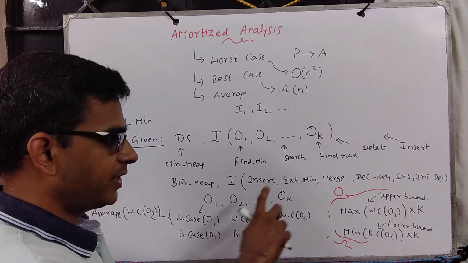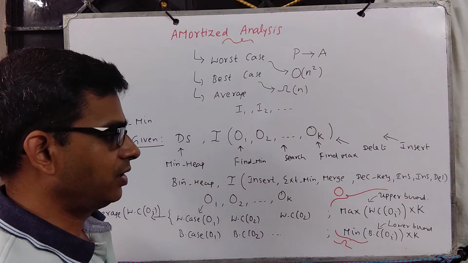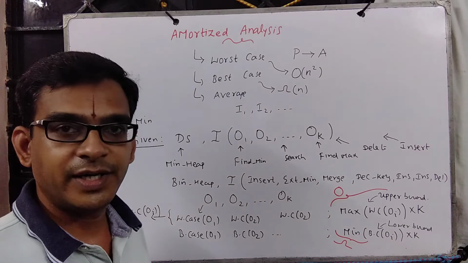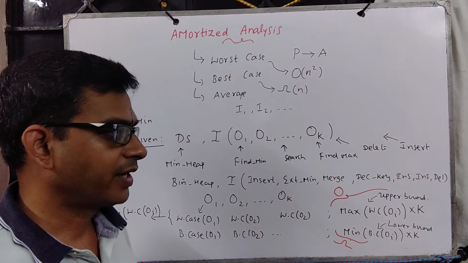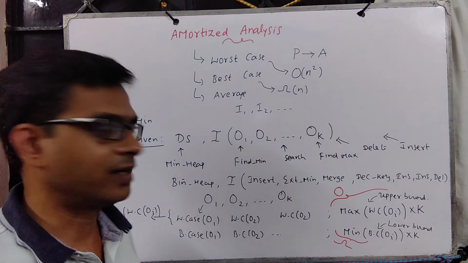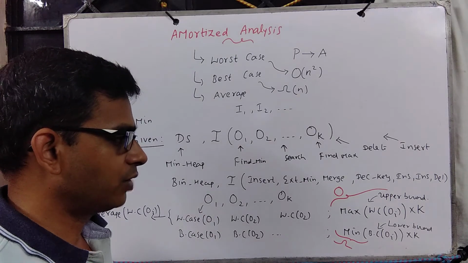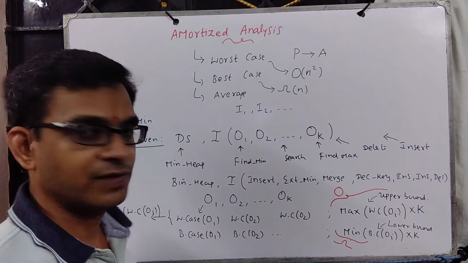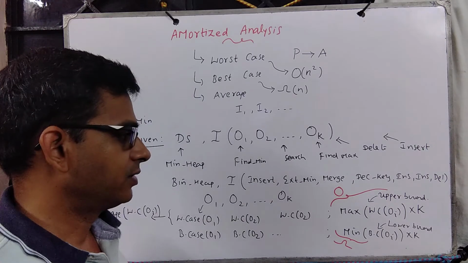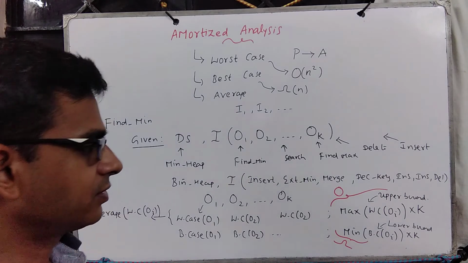So one is dependent on the other. Which means there may be an interplay between two or more operations. Can we focus on that interplay between two or more operations? Will that help us to tighten our analysis? So that is the focus.